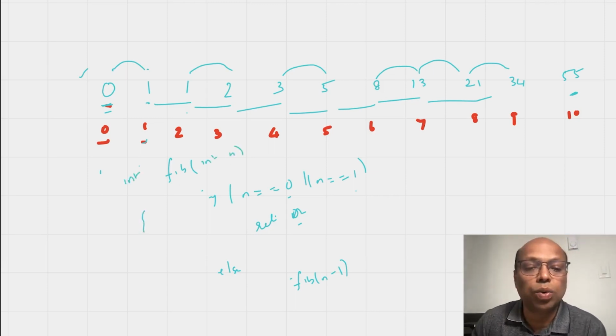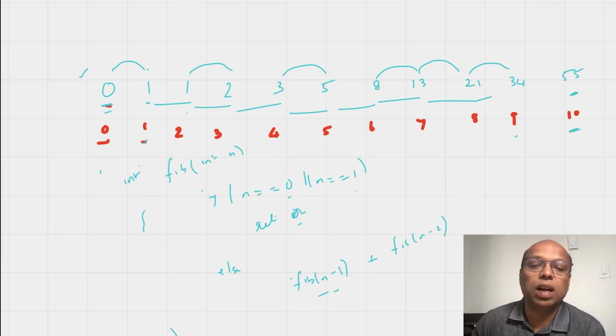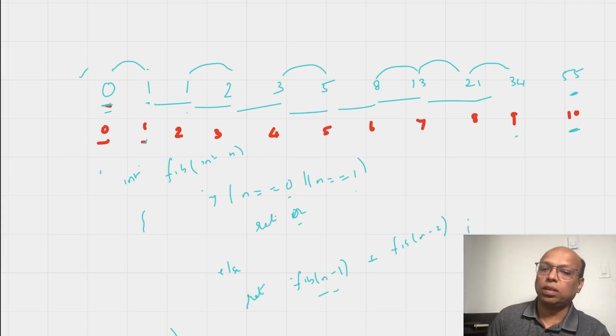So for the other numbers, I need to add Fibonacci of n minus 1 plus Fibonacci of n minus 2. If you want Fibonacci of 10, add Fibonacci of 9 and Fibonacci of 8 and return the result. Got it?